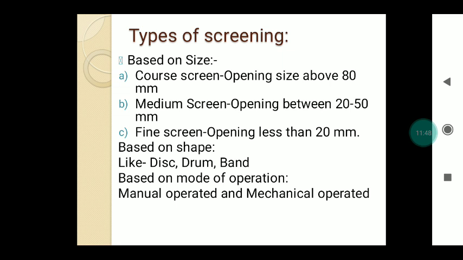When the opening between the bars is 20 to 50 mm, it is called a medium screen. And when the opening between the bars is less than 20 mm, it is called a fine screen. Then based on its shape, the screen can be classified as disc-like, drum-like or band-like. And lastly, based on the mode of operation, it can be operated manually as well as mechanically. These are the types of screening.